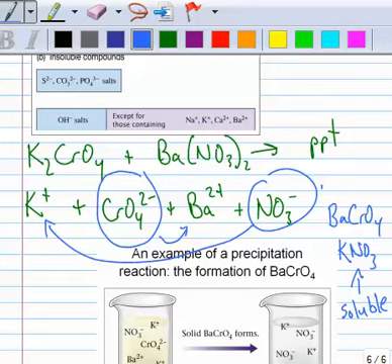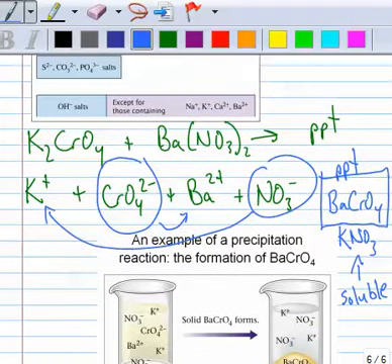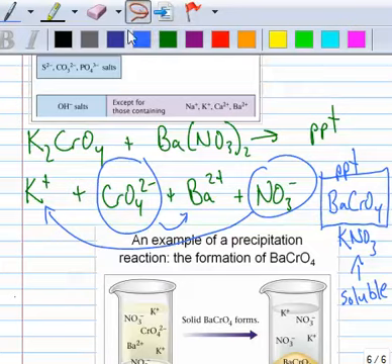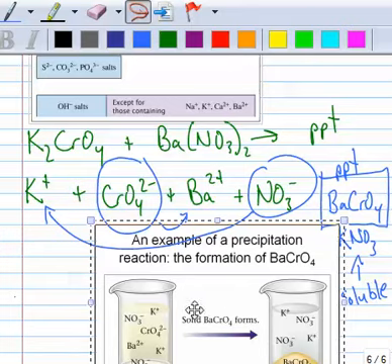That leaves us with barium chromate being our precipitate in this case. And so this is what we call a precipitation or a double displacement reaction. And so this allows us, by separating out the ions, to predict what product, if any, we have remaining in our solution.